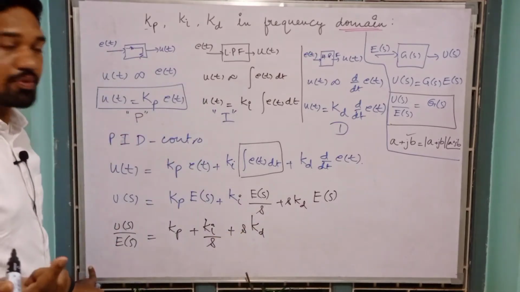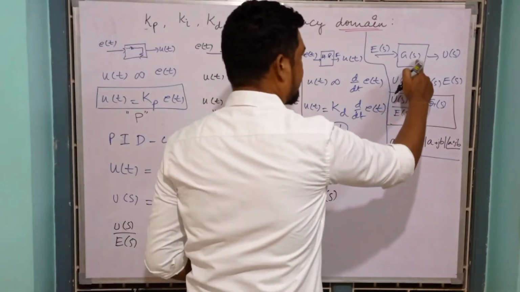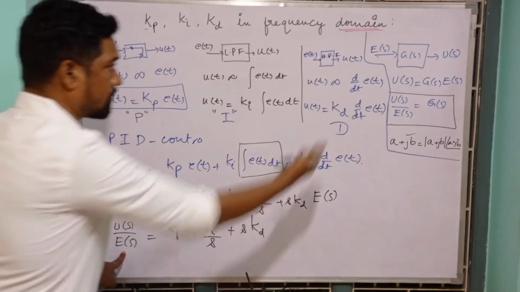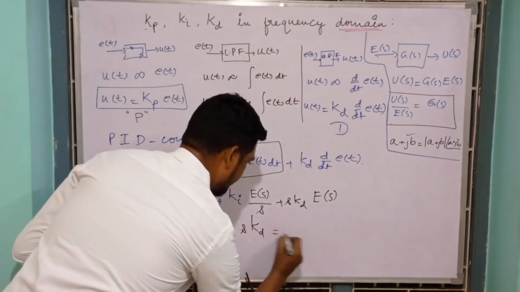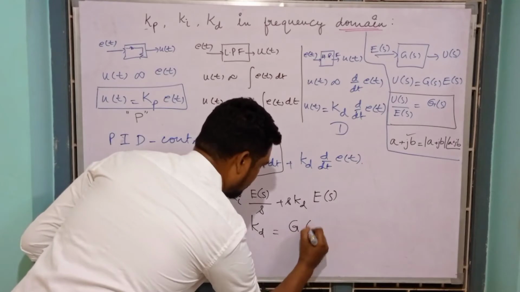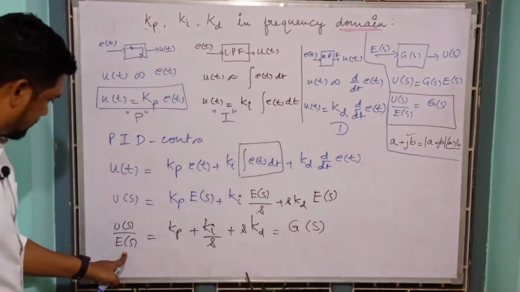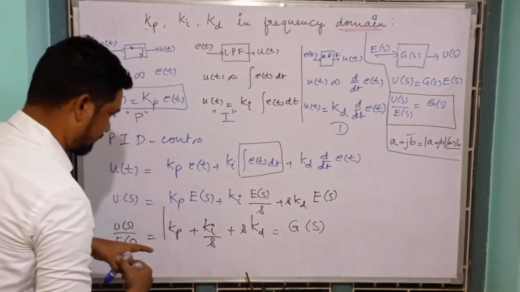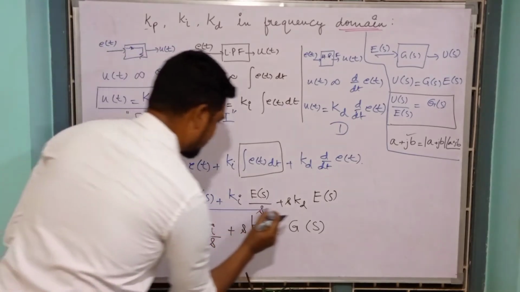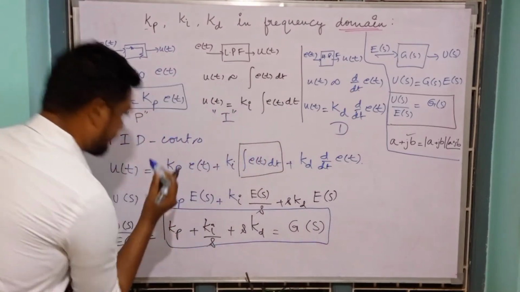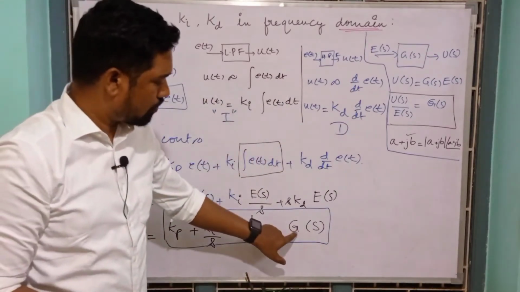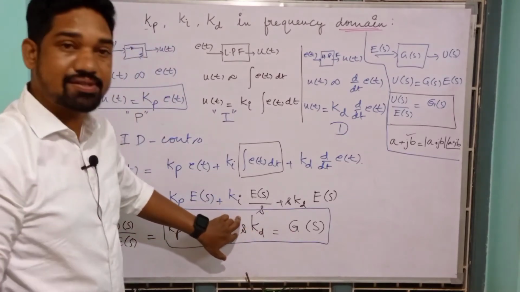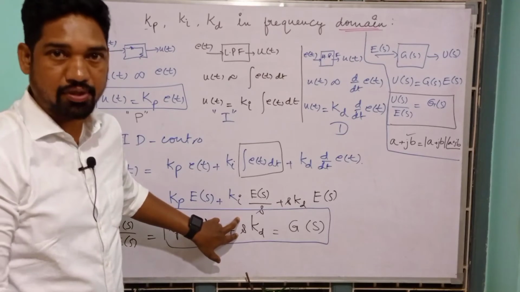So guys, in the beginning itself I said something regarding block diagram reduction algebra: u of s by e of s, output by input, this entire expression could be written as g of s. More precisely, it's not simply g of s, because this is the transfer function which provides the compensation to meet the requirements.